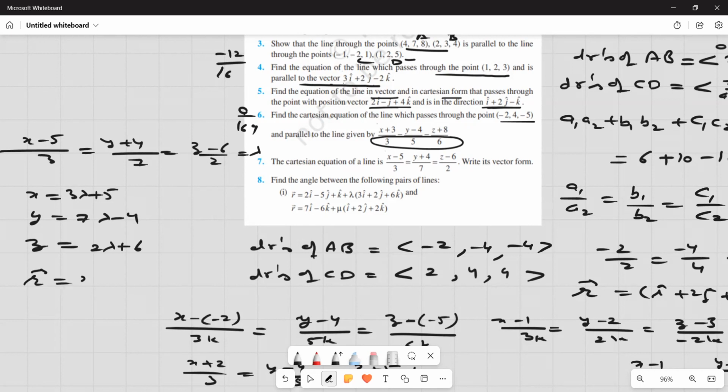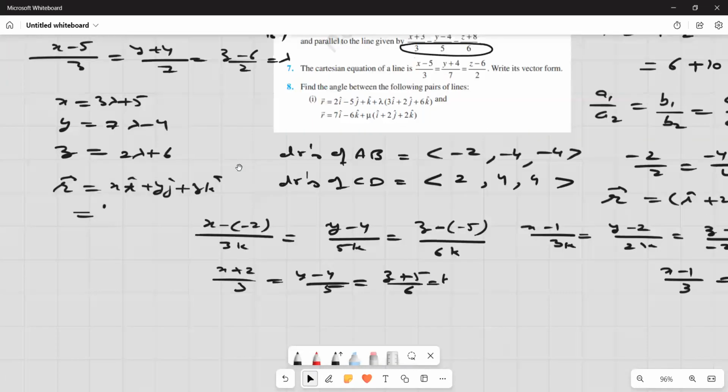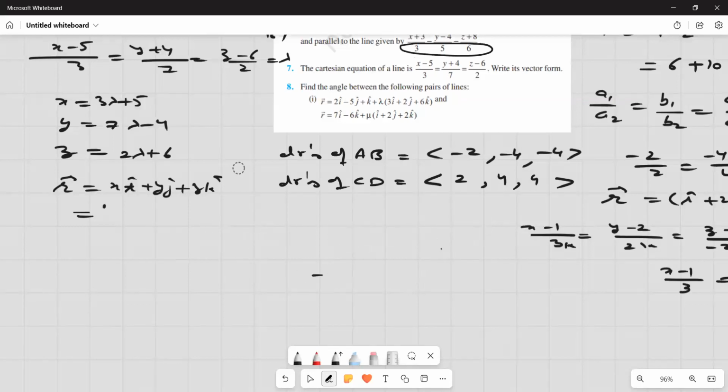R is equal to xi plus yj plus zk, na. So if I put this, it will be x is 3 lambda plus 5 i, then 7 lambda minus 4 j, then 2 lambda plus 6 k.